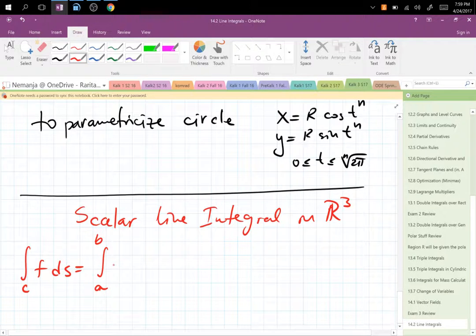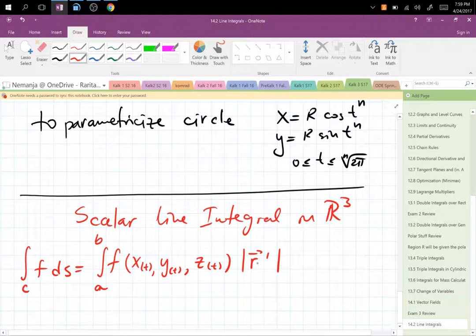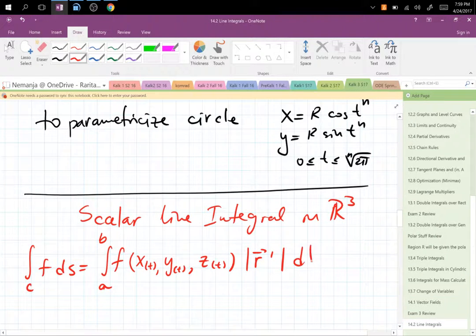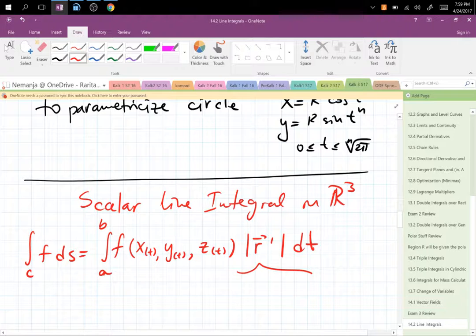So now you have your function, which is in terms of parametrization x, y, and z of t, times, again, r prime, and then dt. R prime is the good old square root of x prime squared plus y prime squared, plus z prime squared. Those look like 12s, but you know they're not 12s. You know it's a prime and then squared.